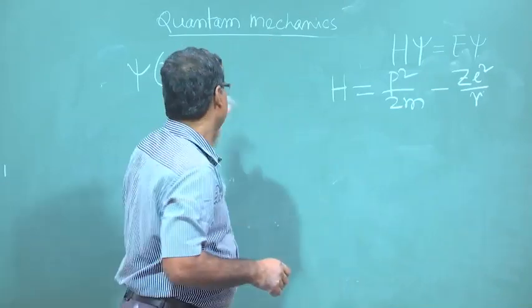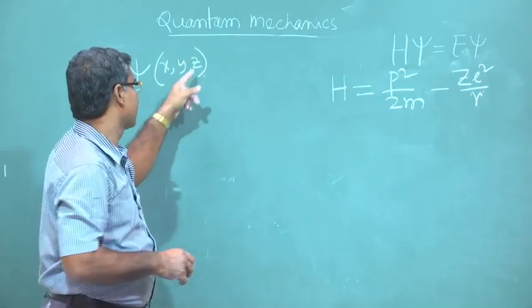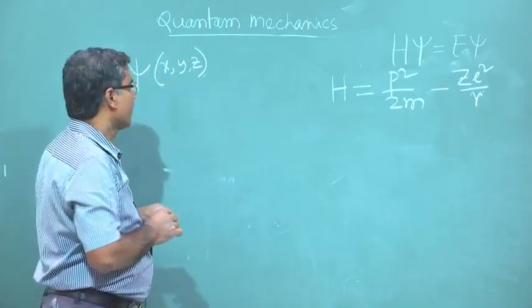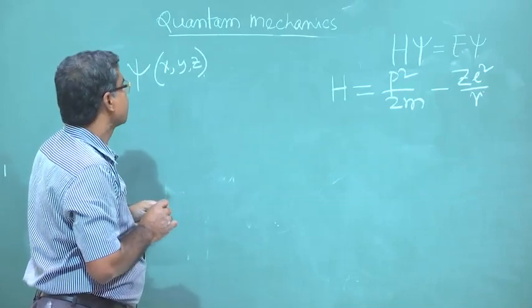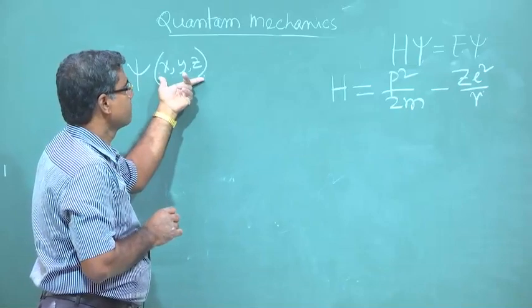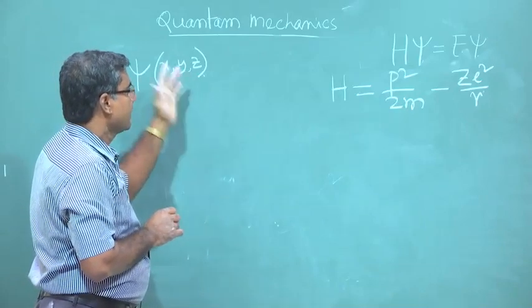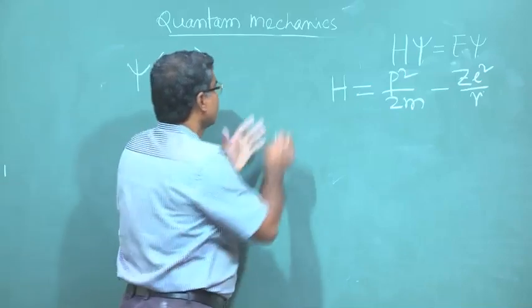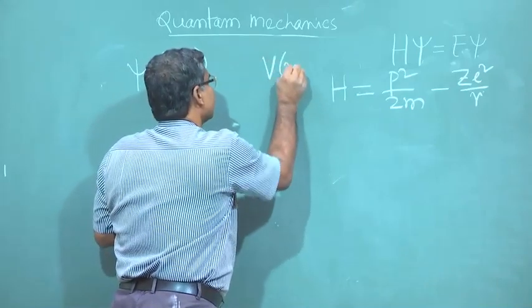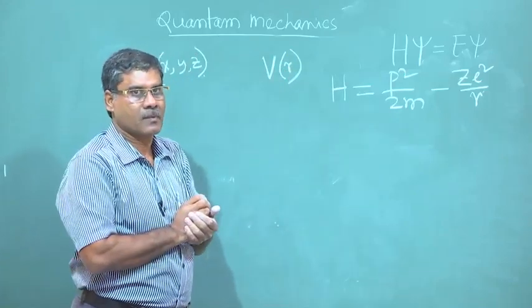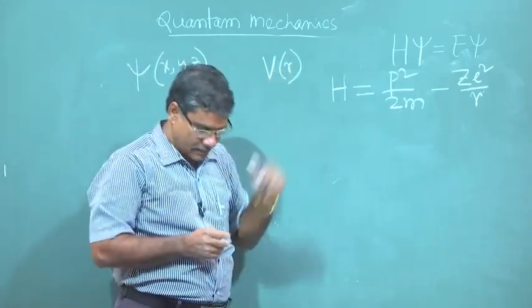We take x, y, z only, for stationary cases. But here, this potential V(r) has spherical symmetry.